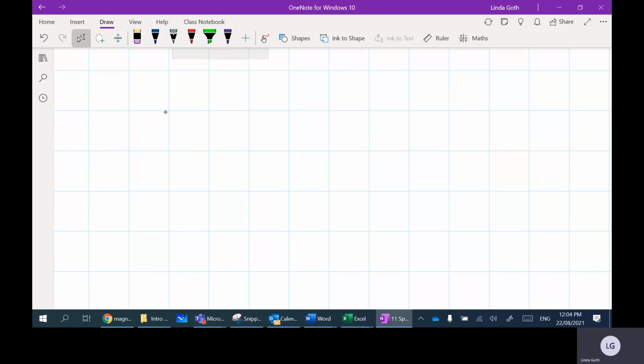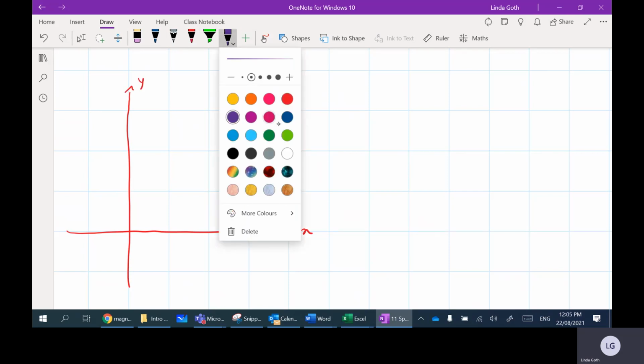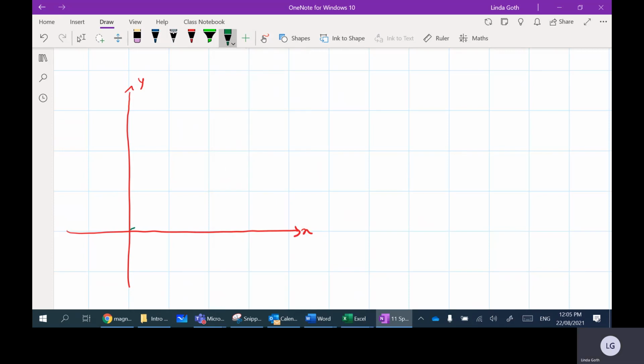So here it is again. I've got my y-axis, I've got my x-axis, and I'm honing right in on the point. Green pen gone. I'm just going to have a look at this section where I've got the point 1, 4.